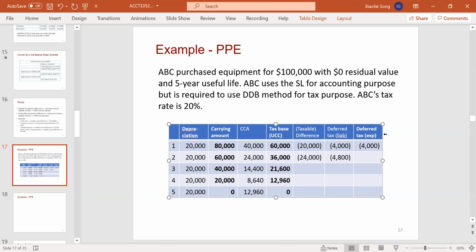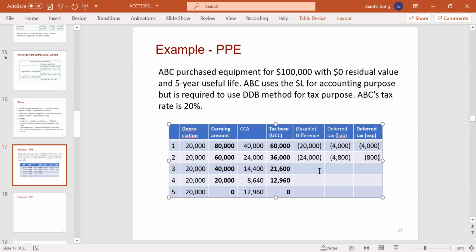So the debit side will be deferred tax expense of what? The same amount, right? You credit deferred tax liability 800 and you debit deferred tax expense 800.